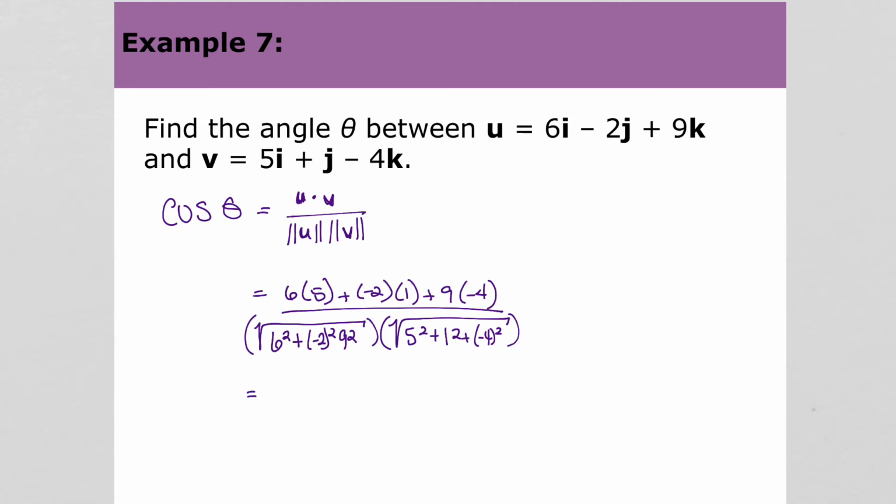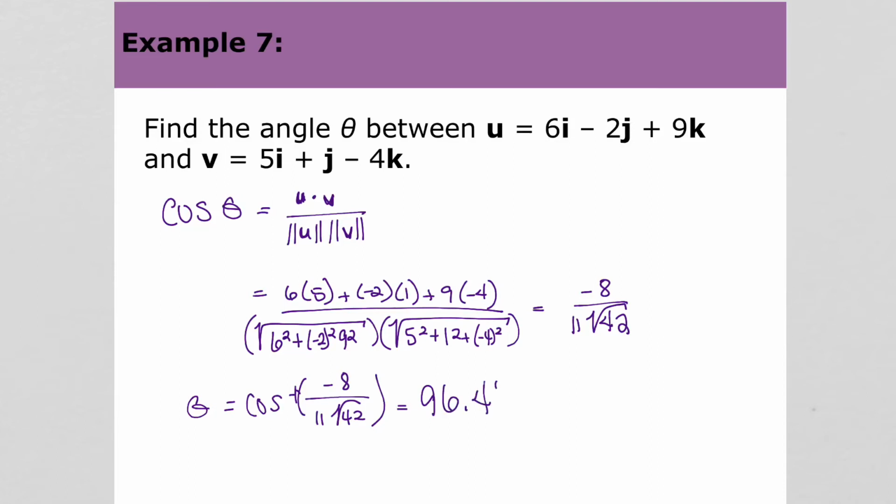And so that is negative 8 over 11 square root of 42. So theta will be the inverse cosine of negative 8 over 11 square root of 42. Put that in your calculator. You should get 96.4 degrees. So the angle between U and V is 96.4 degrees.